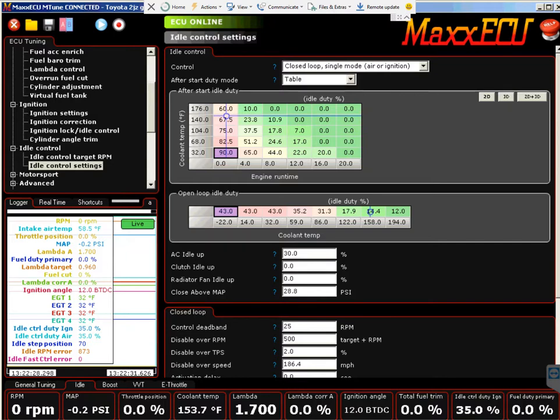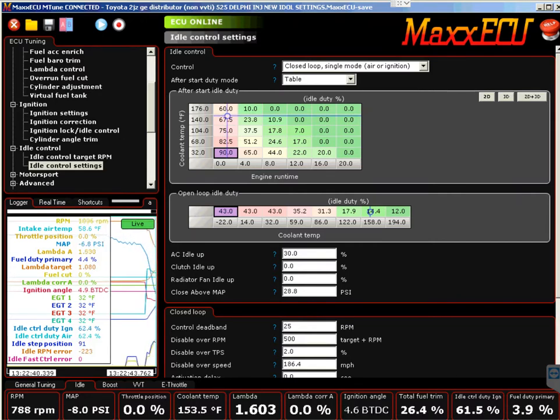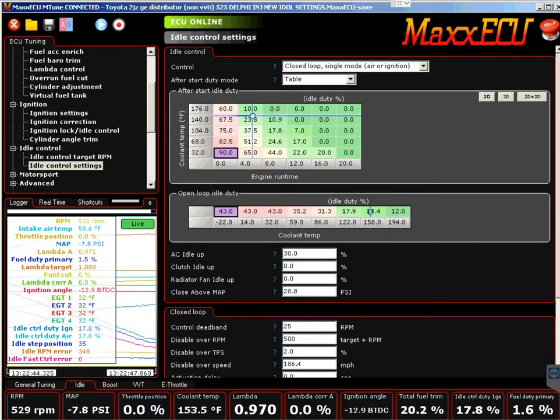All right, go ahead. Okay, right now on this screen, we're set up with single mode, air or ignition control. As you can see, it's controlling air and ignition.